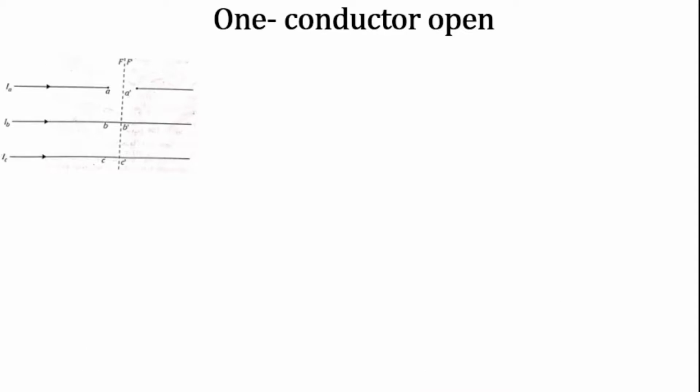Let us consider that one conductor gets open, that is phase A, so that is A to A dash, with a fault F to F dash. First we need to consider the terminal condition.